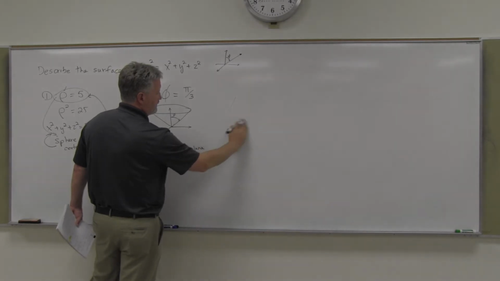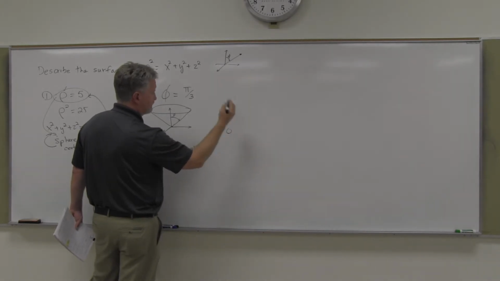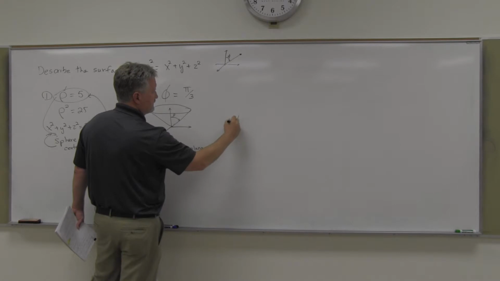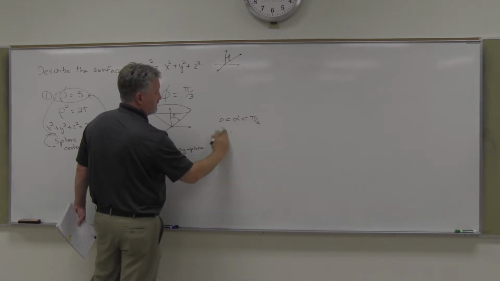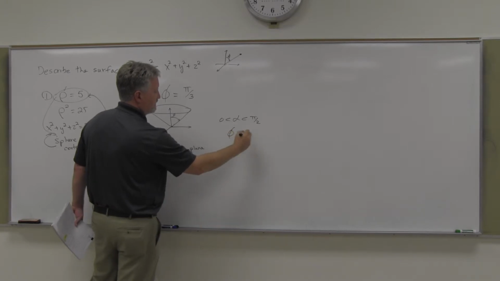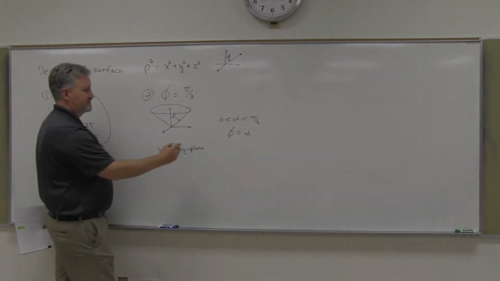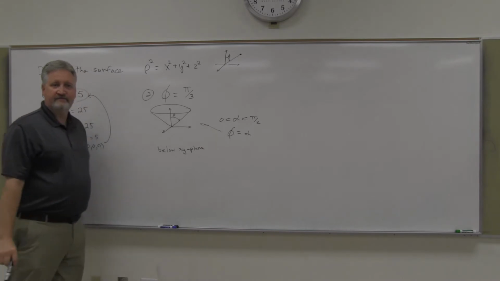Let's say I've got an angle alpha, and phi equals alpha. That's going to be something like that, right?